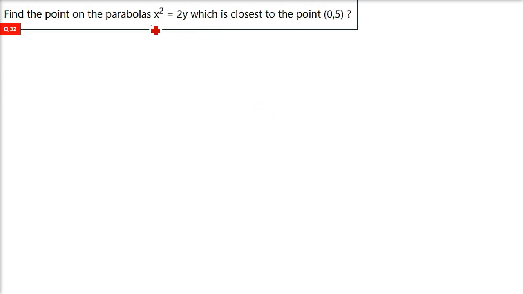Again, the same thing. We have done this question with x square equals to 4y. This question has exchanged the values of x and y and 4 with 2. So the logic remains the same. So this question number 28, 29, 30, 31, 32, all are similar.